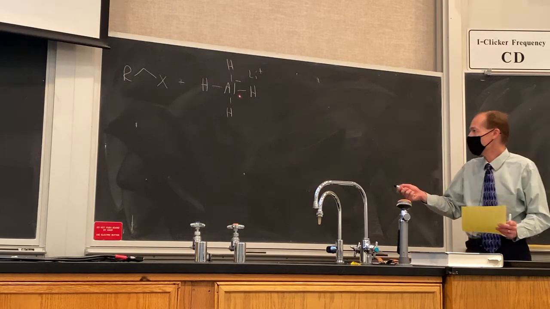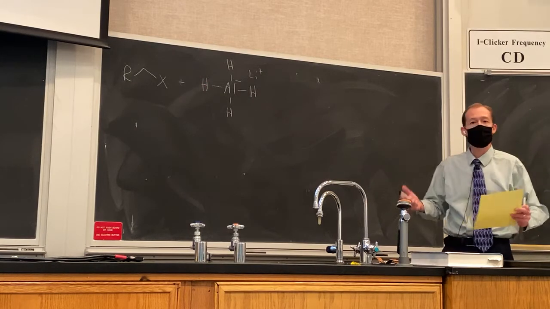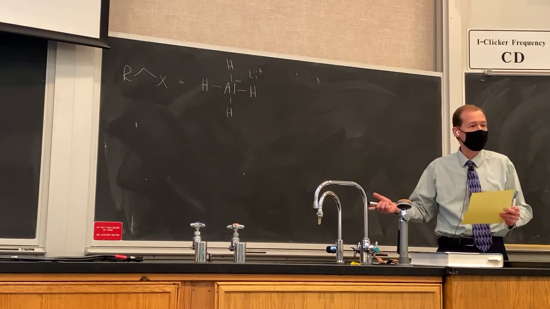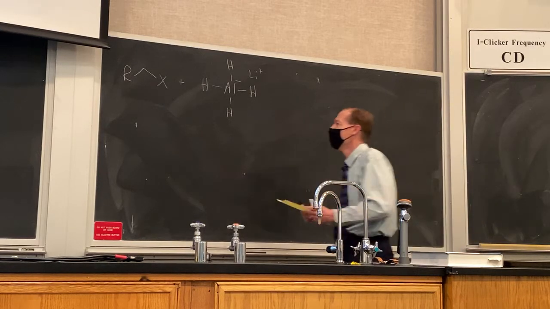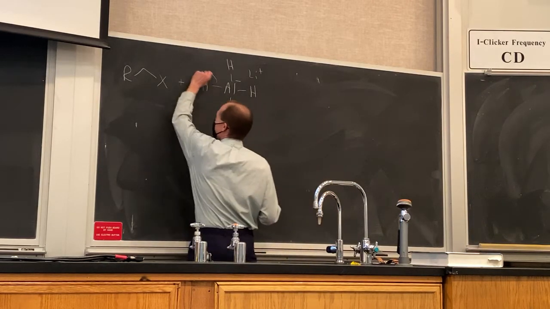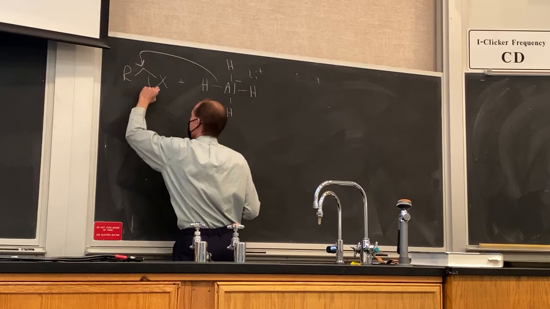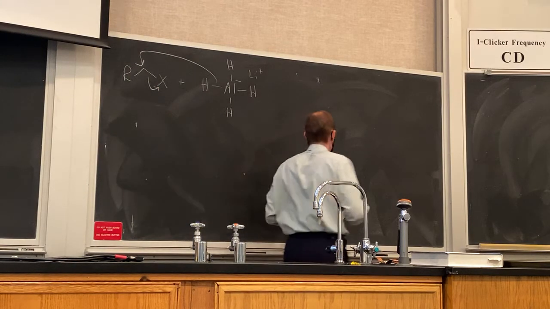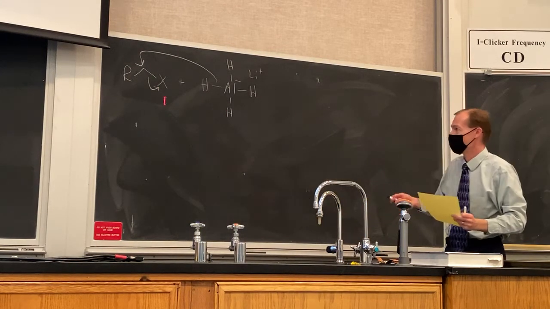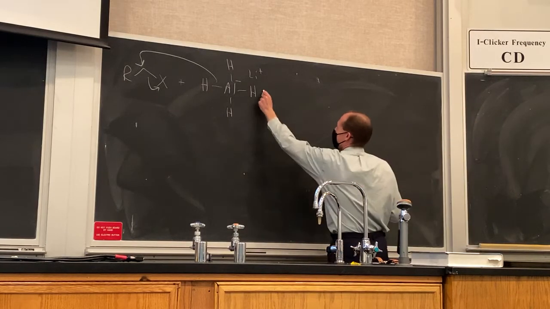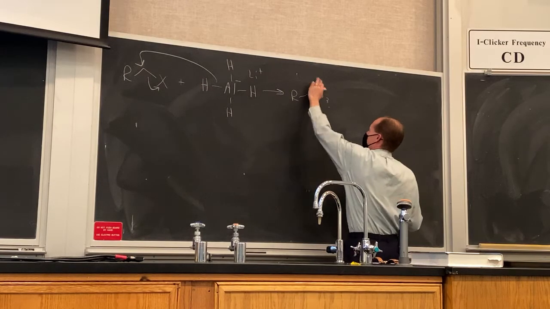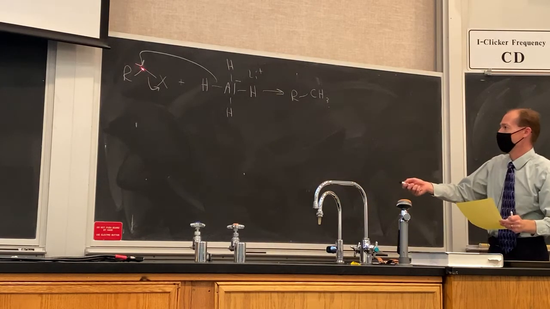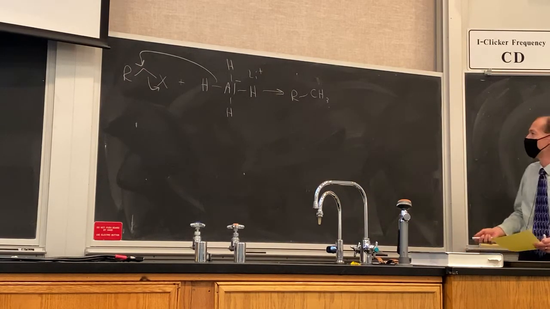So we just use the aluminum-hydrogen sigma bond, one of the four aluminum-hydrogen sigma bonds, as a strong nucleophile to attack this alkyl halide in an SN2 process. Okay, so we're just going to displace that halide. In this case, that converts this methylene, or CH2, into a methyl group.